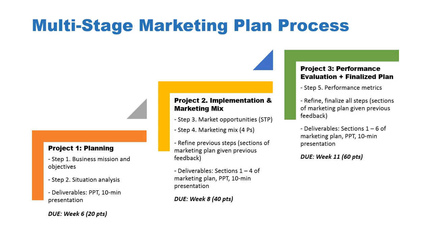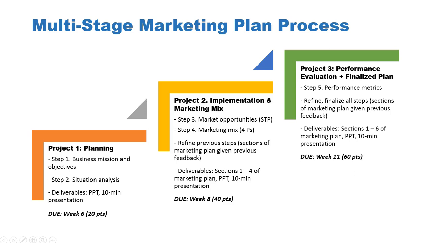The last stage, also called Project 3, is that last portion where you will identify performance metrics so that you can evaluate the degree to which your marketing strategy is working. And along with that last stage, you will refine the second piece, project number 2, because you will have gotten feedback from peers and your instructors.